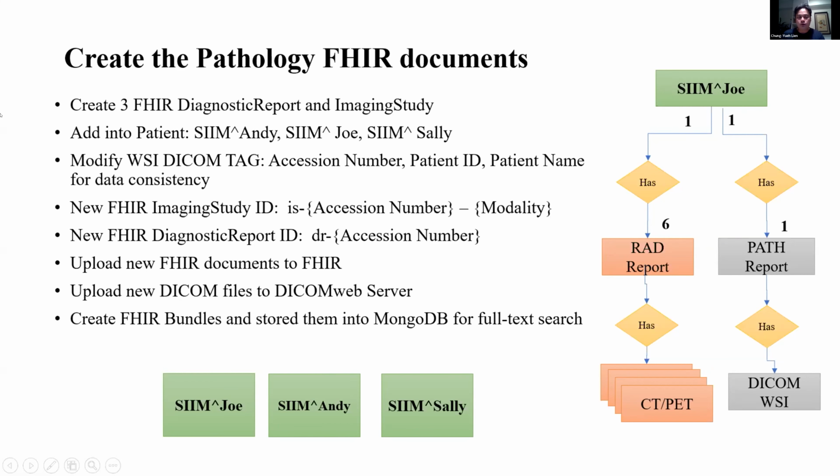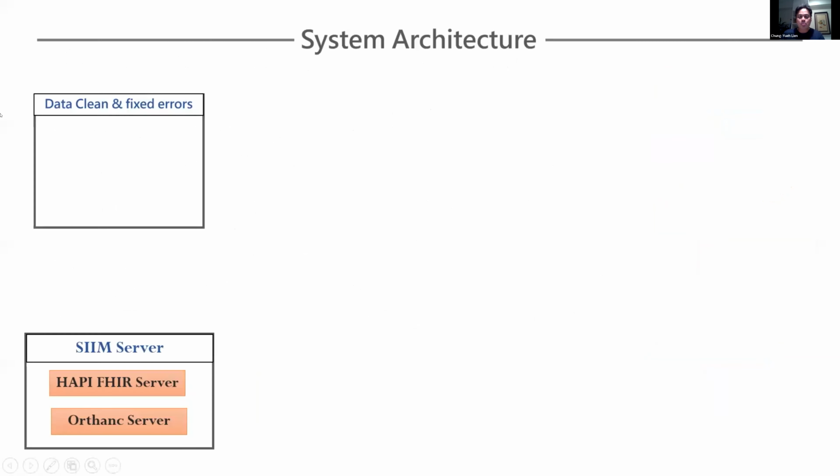We also modify the WSI DICOM tags and create new IDs for data consistency, and also upload the new data into the server. So now in SIIM's Hackathon data set, Joe, Andy, and Sally have a pathology report and the WSI connected to the FHIR ImagingStudy.